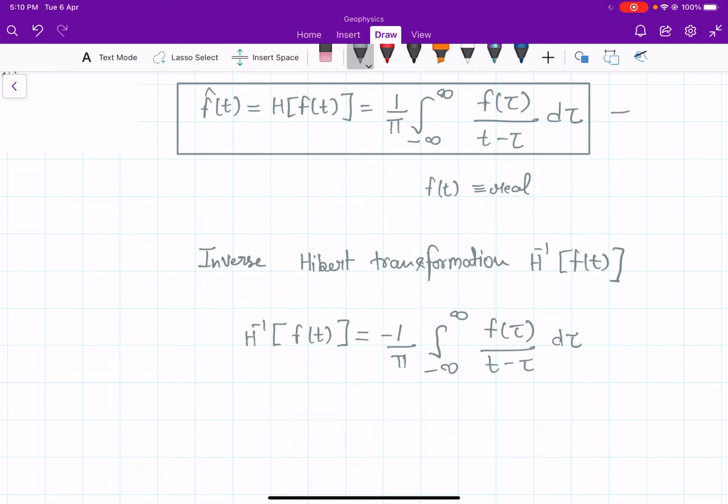So this is equation 1, the Hilbert transformation, and this is equation 2, the inverse Hilbert transformation.